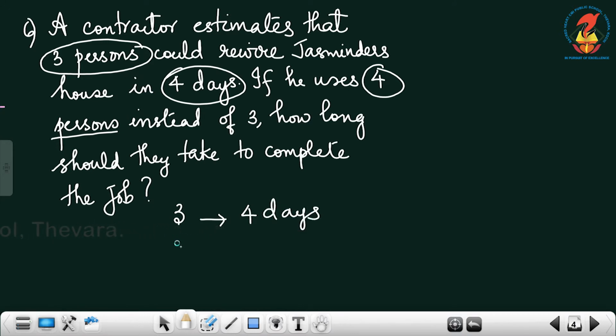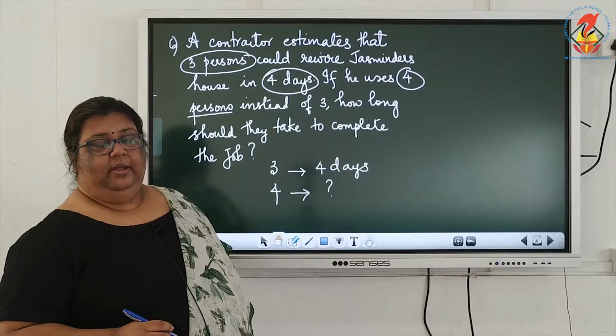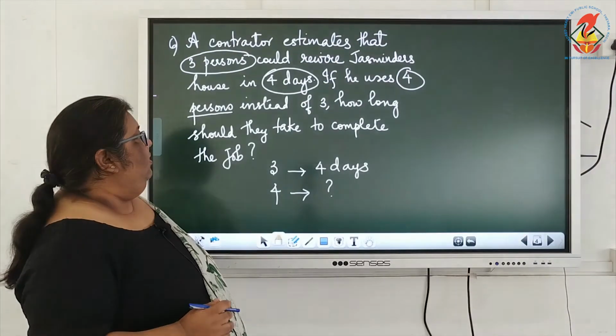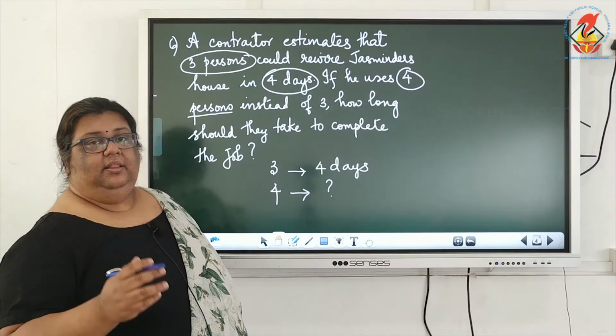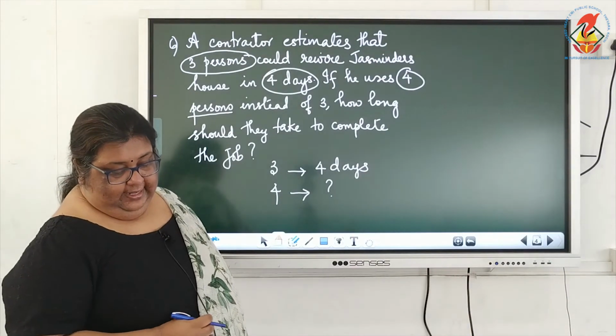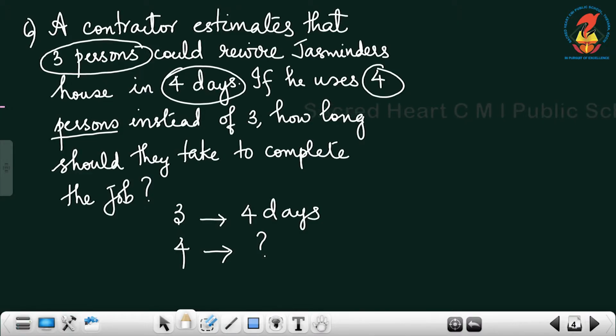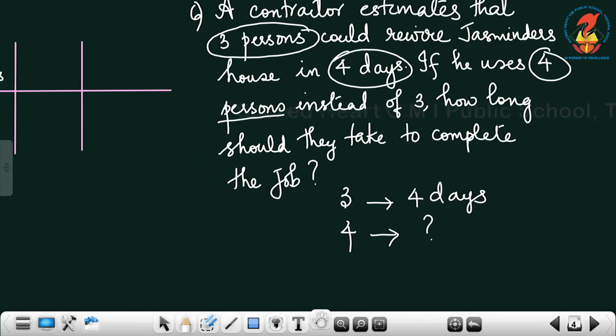Okay. Now, if he uses 4 persons, then in how many days will they complete the job? As the number of workers increases, the number of days will decrease. So, it is an inverse proportion.